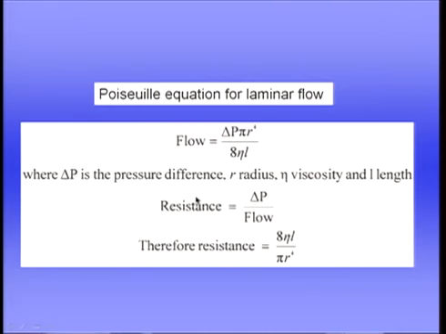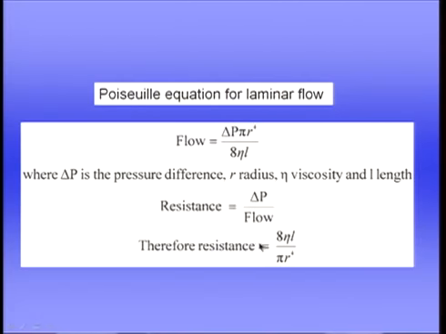Now the resistance is given by delta P, the difference in pressure, divided by the flow. You recall that we talked about that when we were discussing the blood flow through the lung. From this we can derive the resistance as 8 times viscosity times length over pi r to the fourth.